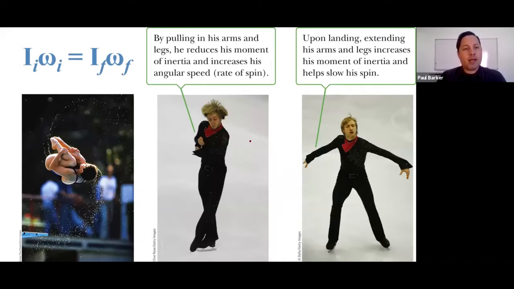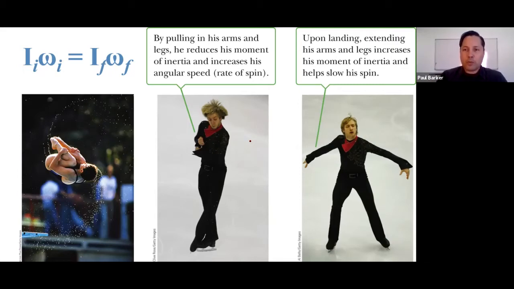For example, you see the high diver on the left picture. The high diver, as they jump off the diving board, is going to tuck themselves in, reducing their radius. That's going to give them more angular speed, so they'll rotate at a faster rate. The same can be seen for the ice skater. The ice skater spins. As they draw their arms in, they're going to increase their angular velocity, their angular speed.